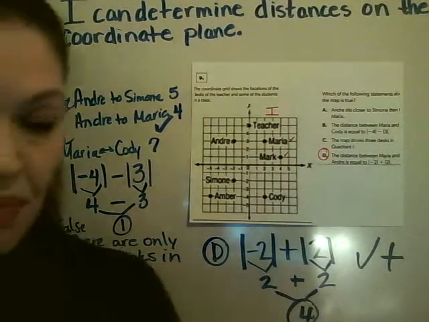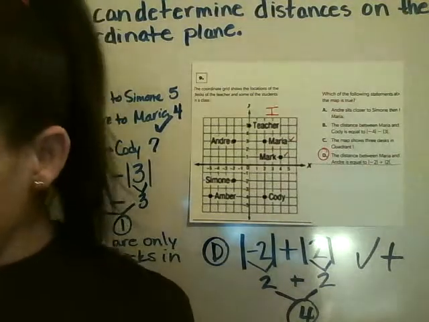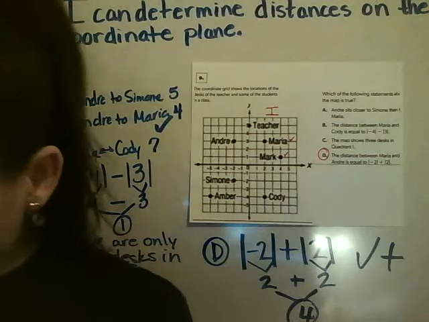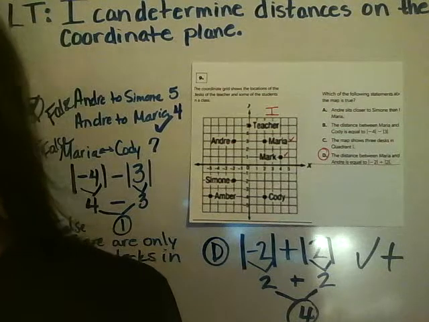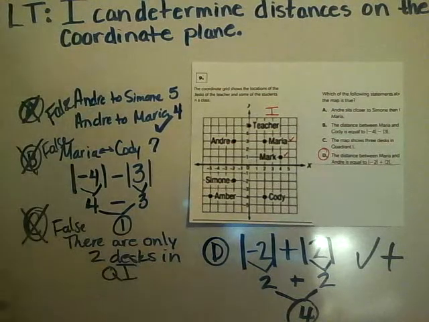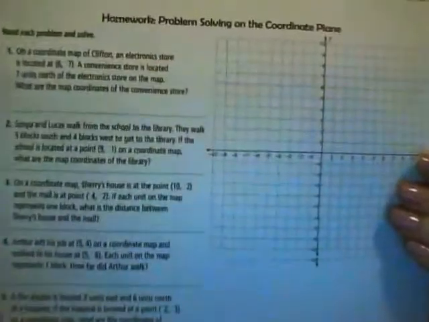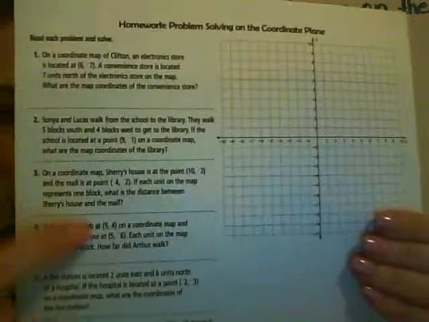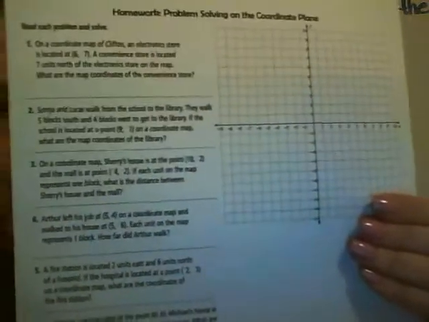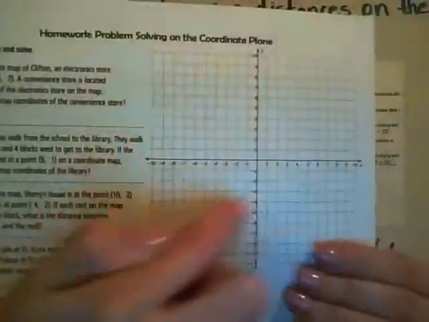So that's it for today's lesson. What I want you to do is continue practicing. Give me 1 second, guys. Okay, the sheet that you're going to do for independent practice is a little like a make-believe town. You have 7 different word problems that you have to plot on the grid.